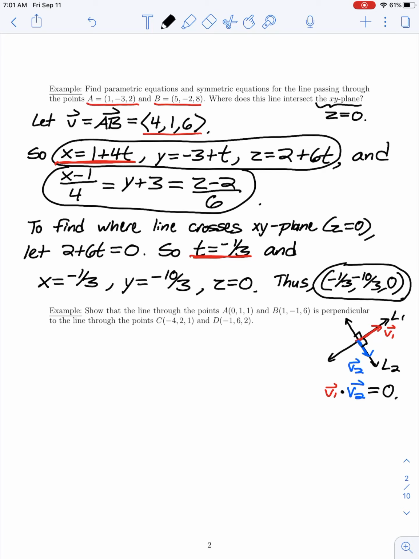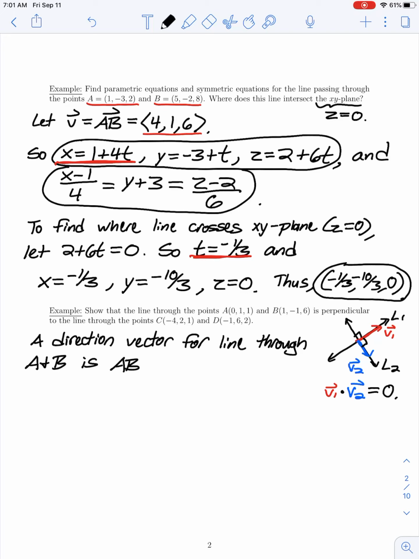So let's start with the direction vector for the first line through the points A and B. Here, a direction vector for the line through point A and point B would be the vector from point A to point B. So the components of this vector would be 1, -2, and 5.